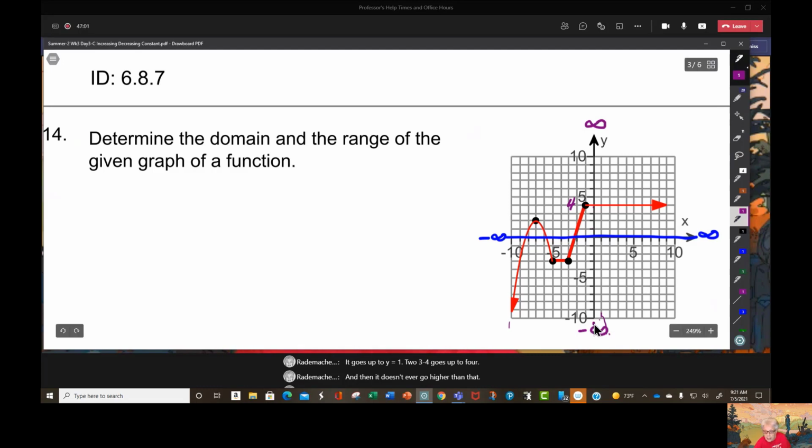So your range goes from negative infinity to 4. And y actually equals the number 4 at 4.